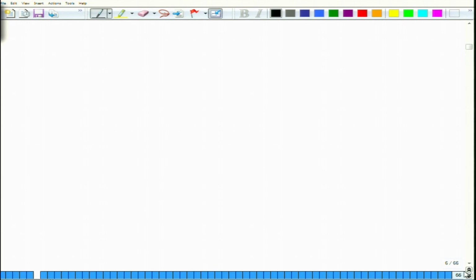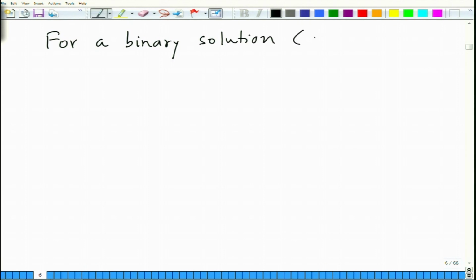So you can extend this approach to other elements also. So for a binary solution, let's say it's an AB binary solution.